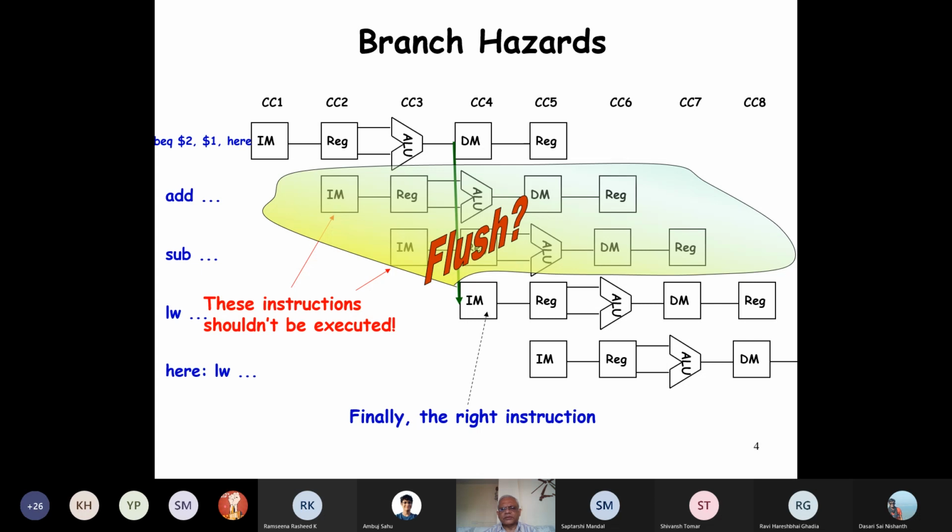Flush means we need to make those fetched instructions and register decode results vanish. Only the load word instruction we can use. So two instructions we need to flush in hardware.